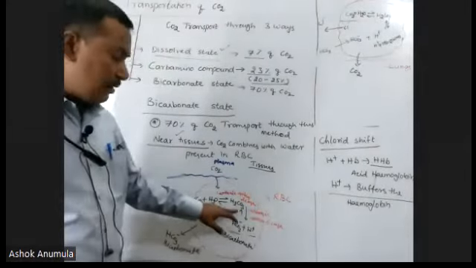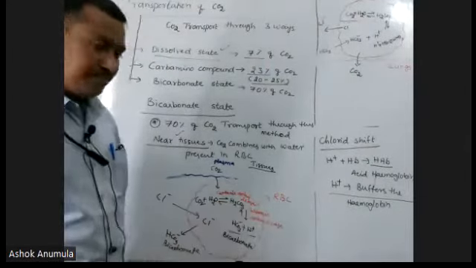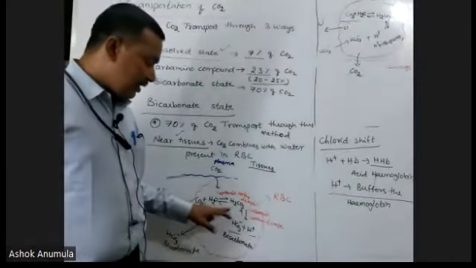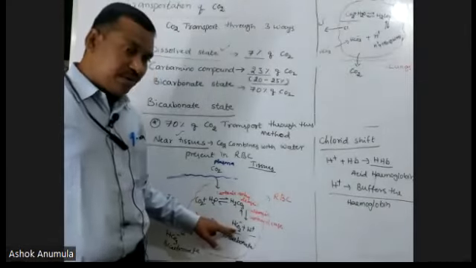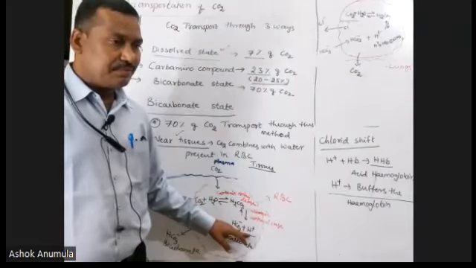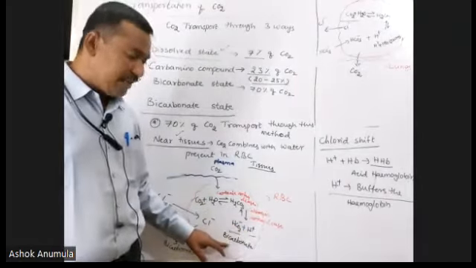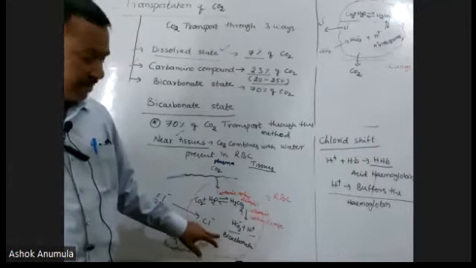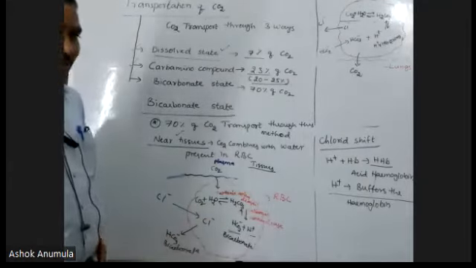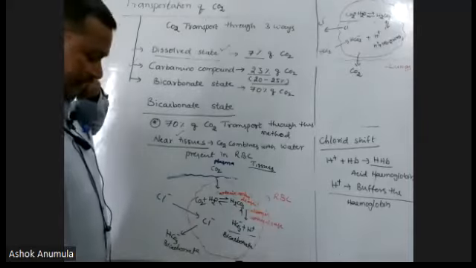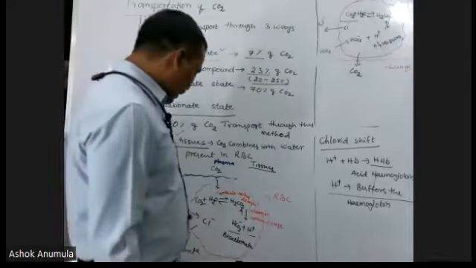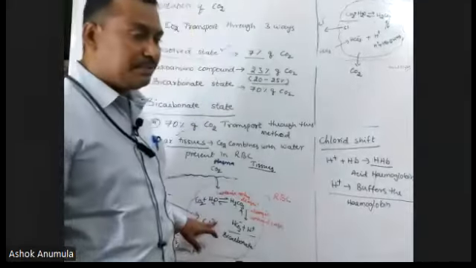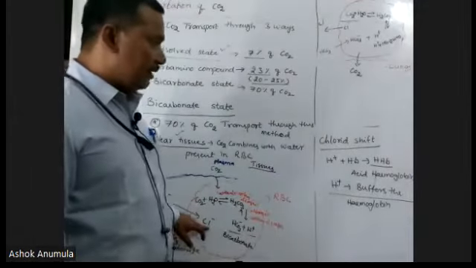The carbonic acid is not stable. Immediately it breaks into HCO3 minus plus H plus. HCO3 minus, bicarbonate, won't stay in the RBC. It must come outside from the RBC. When it is coming outside from the RBC, immediately the chloride ion enters into the RBC.